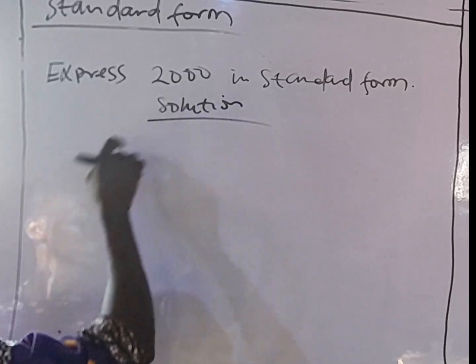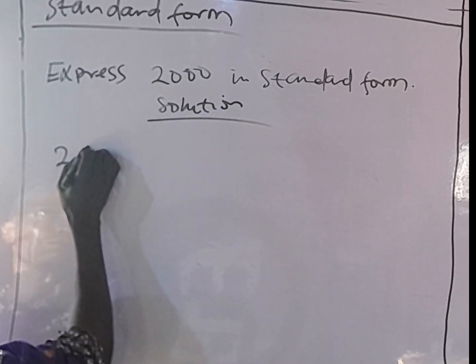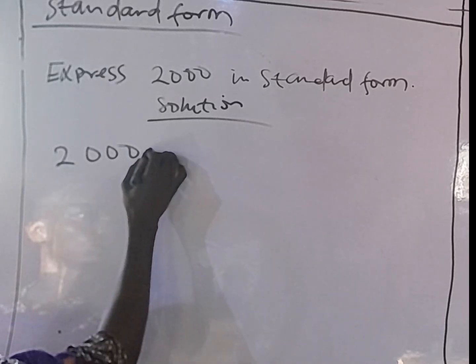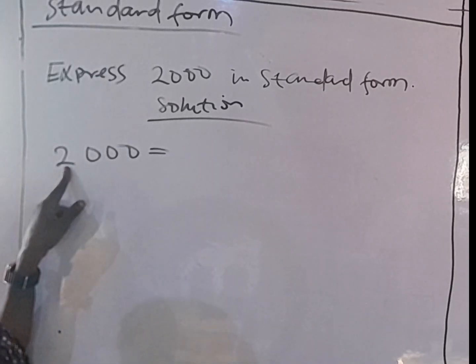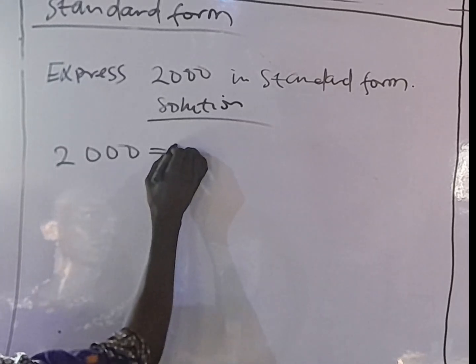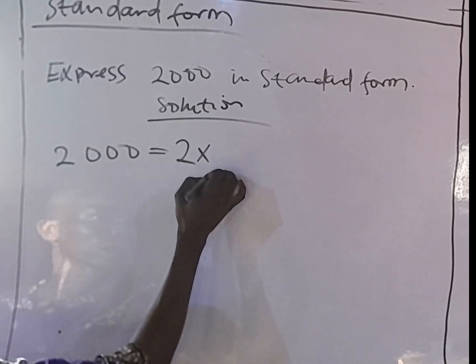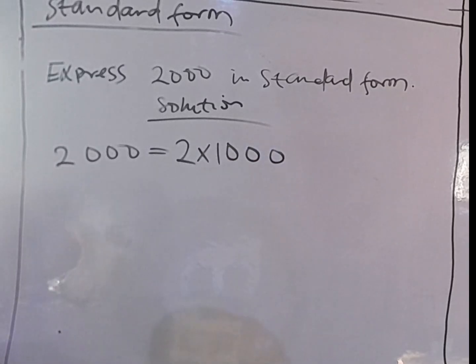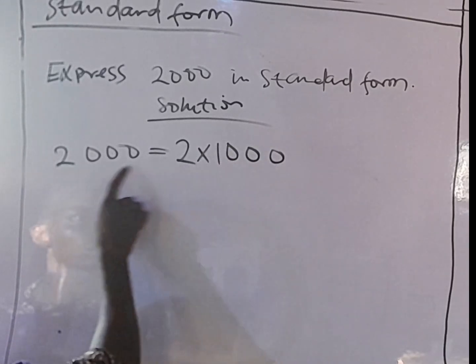I want to express this in standard form. I have 2000. The first thing to do is to know that if I write 2, I have 3 zeros here. So this is still the same thing as writing 2 times 1000. If you multiply them together, it gives you back this number.